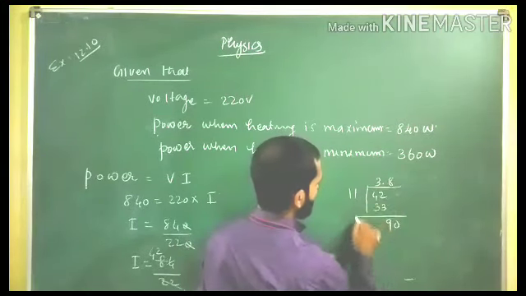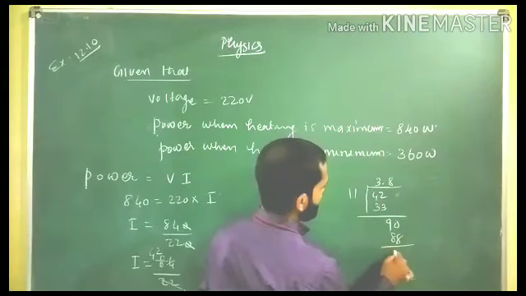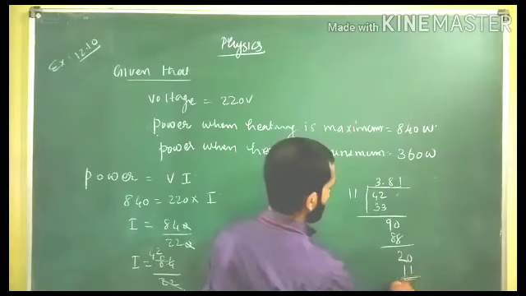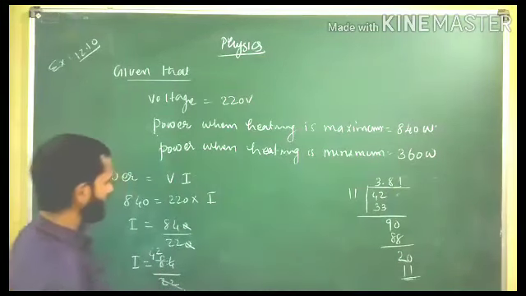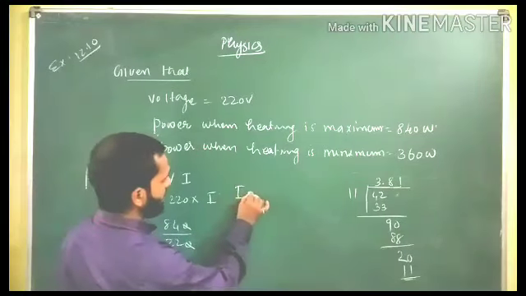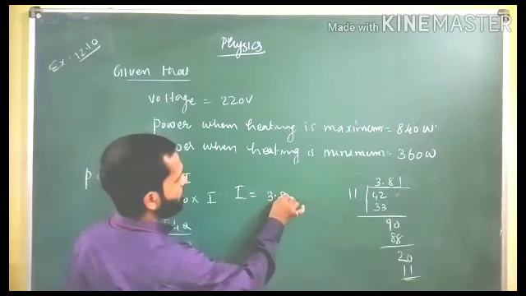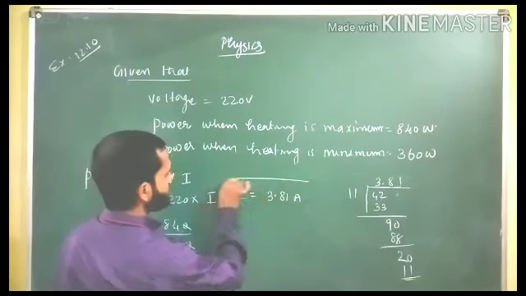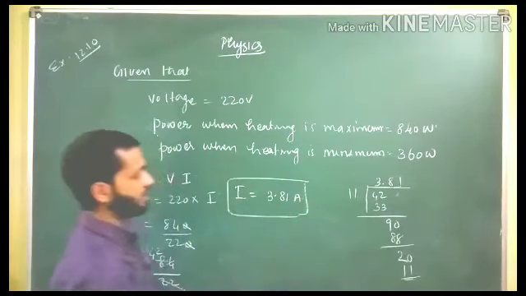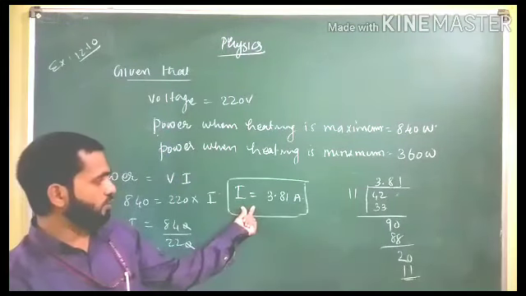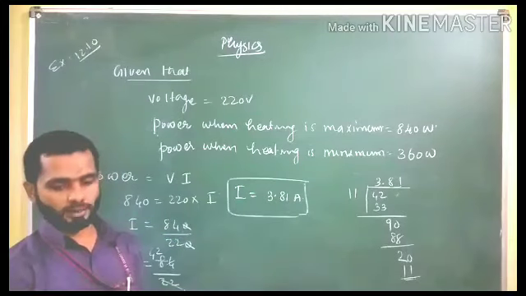This will be 18 and this 88. Now it is 2 left. Then it will be 1 into 11. Okay, it is enough. Now see here we are getting the current I will be equal to 3.81 ampere. Okay, so this is the current in the first case. I will be equal to 3.81 ampere.